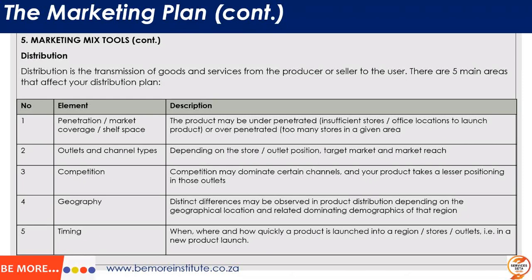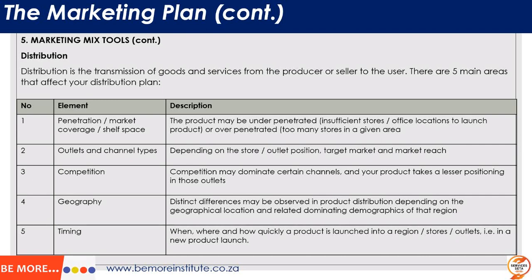Also, you look at the geographical element. Distinct differences may be observed in product distribution depending on the geographical location and related dominating demographics of that region. With your segmentation, you get to understand the various geographical locations.